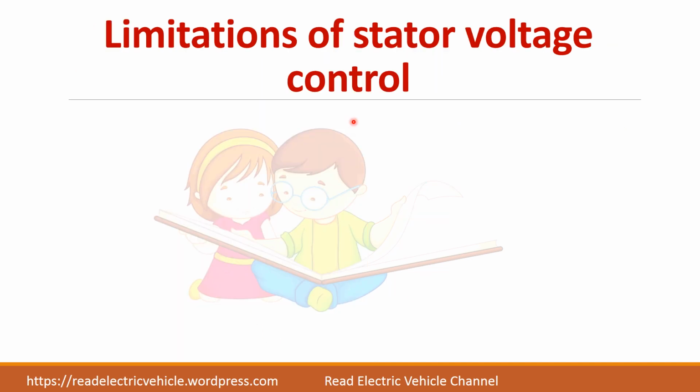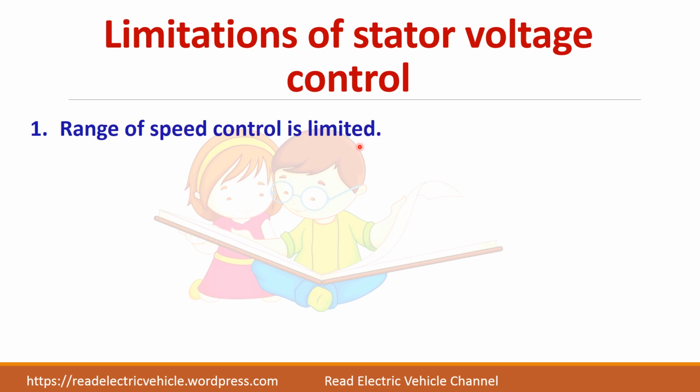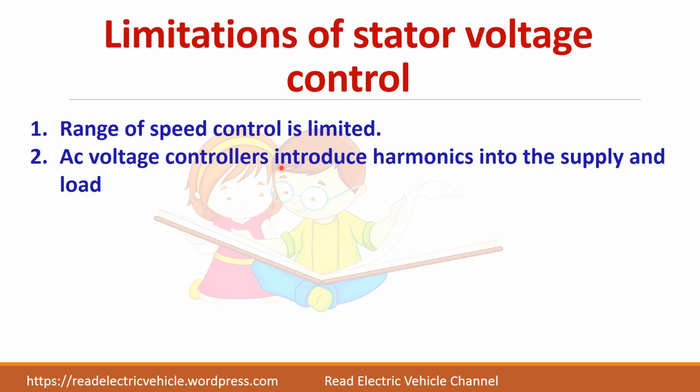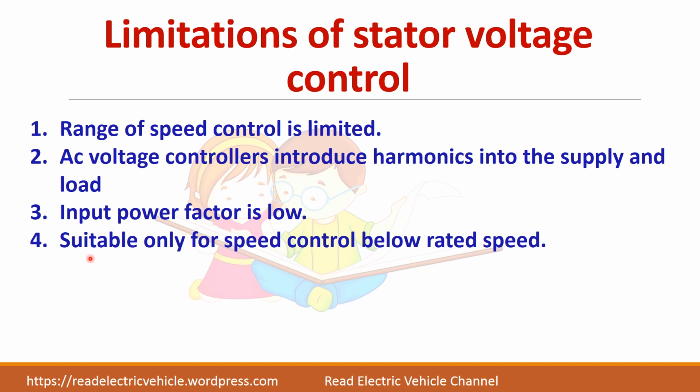So the limitations of this method are the range of speed control is limited, and whenever you use power electronic converters, harmonics will be introduced into the supply and the load, and the input power factor will be low, and this method is suitable only for speed control below rated speed, because you cannot increase the voltage above rated voltage, only you can reduce the voltage level.